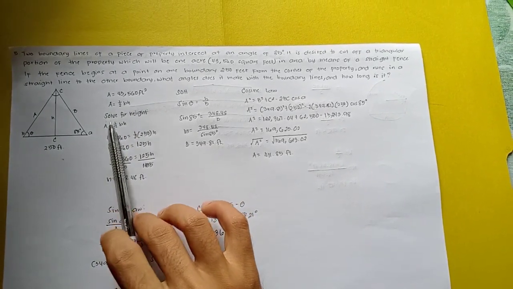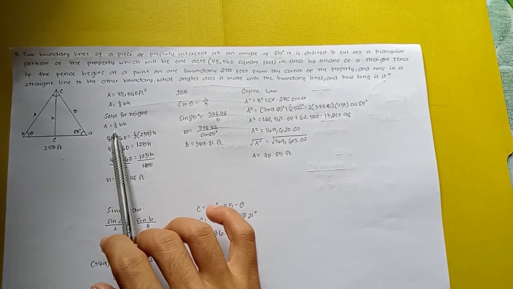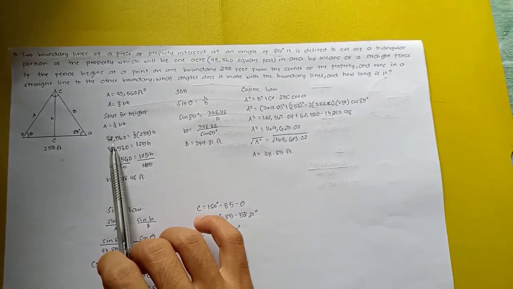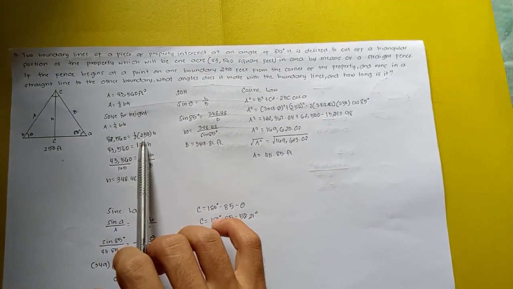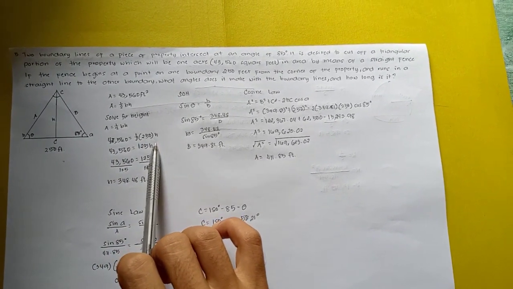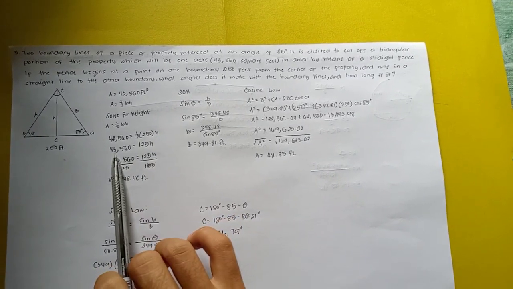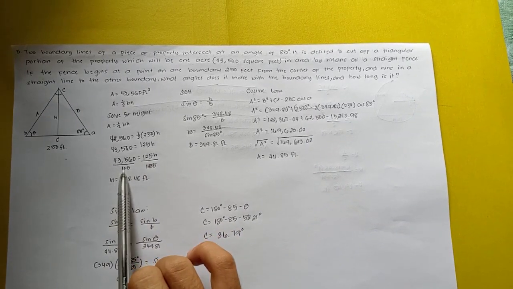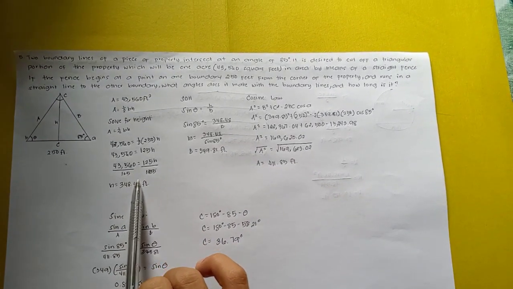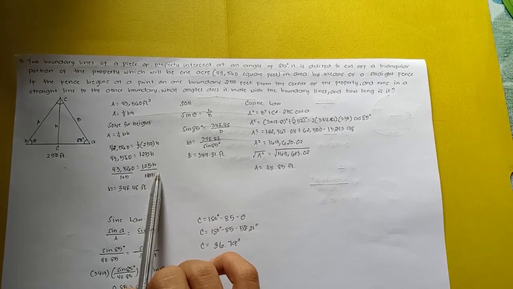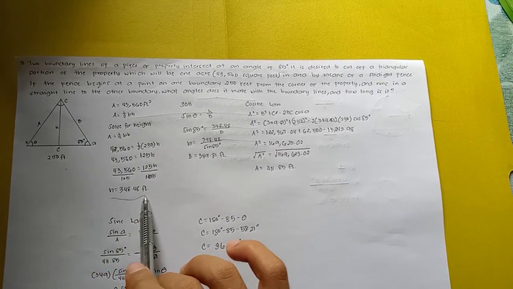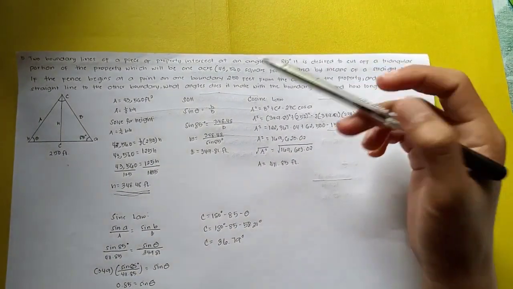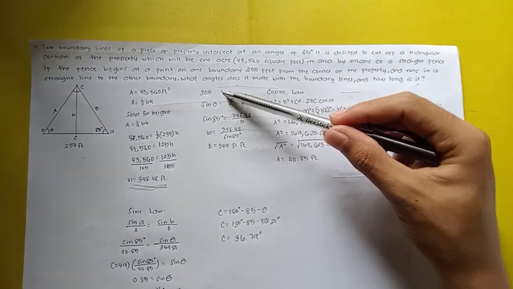Then we will solve for height. 43,560 equals 1/2 times 250 times H. 43,560 equals 125H. 43,560 over 125 equals H. Our H is 348.48 feet.